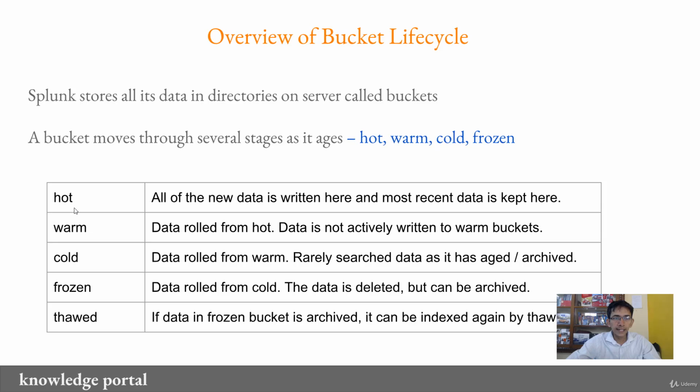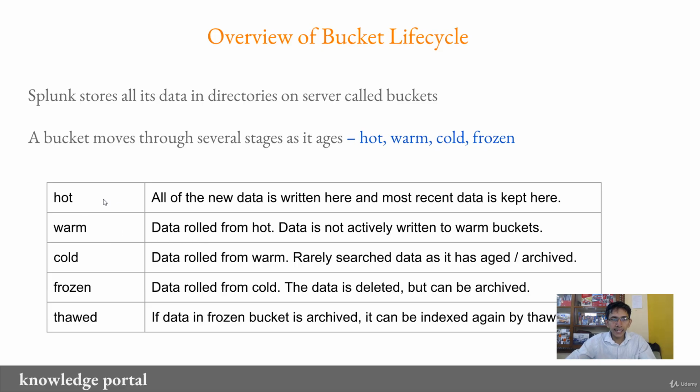Now, data gets rolled from hot to warm, and warm buckets are generally where no writing is allowed. So one important point to remember is that anything that you write only goes into the hot bucket. Once the data goes into the warm bucket, it cannot be written to. All right, so hot is read plus write. Warm, cold, and others are read only. So you cannot write here.